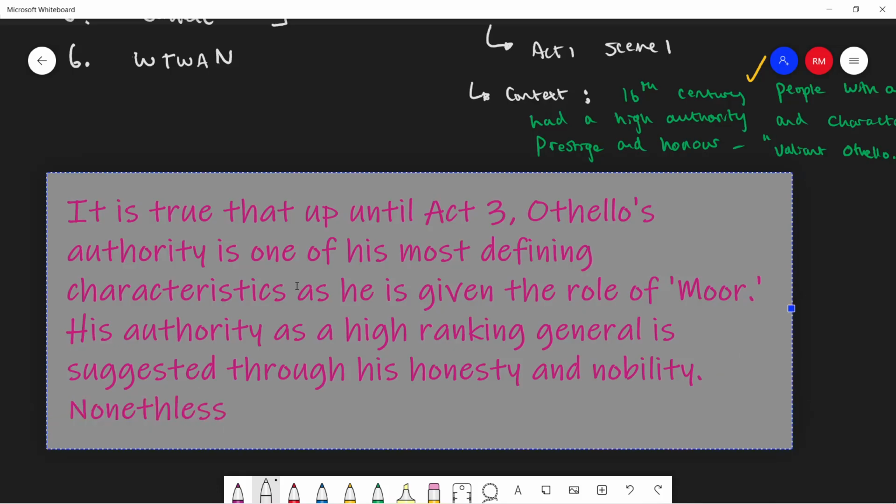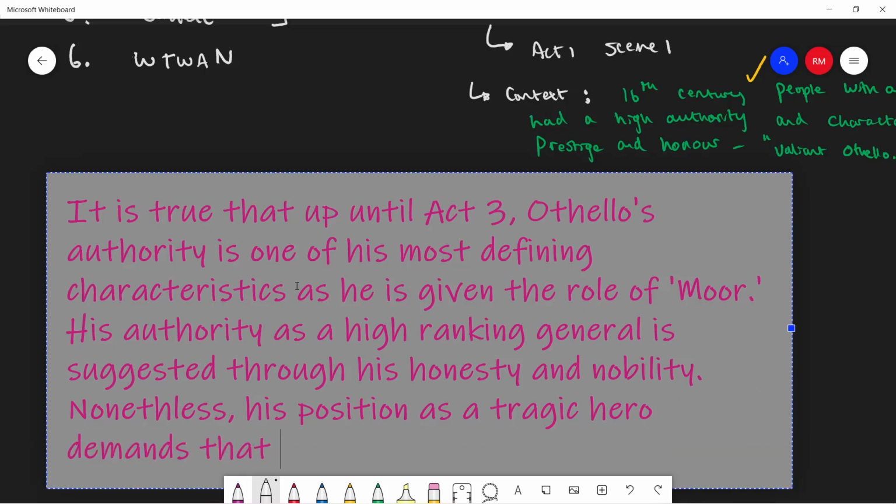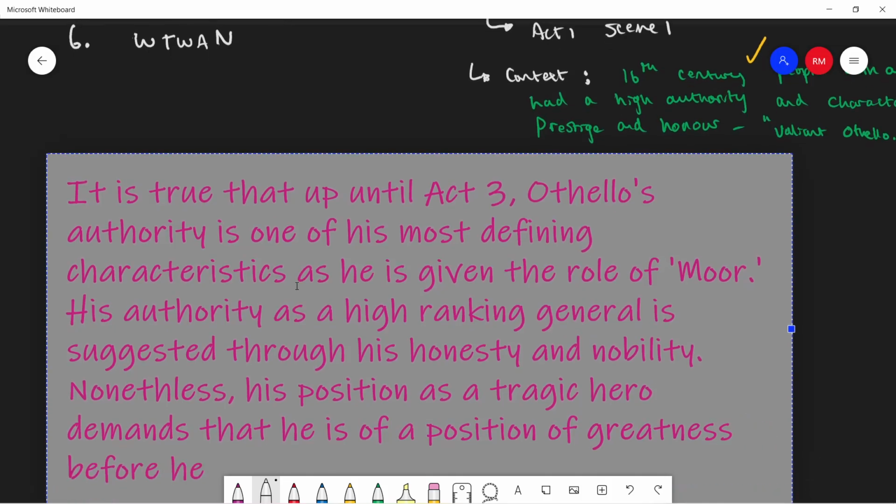nonetheless. Hopefully you noticed that point there. Nonetheless, his position as a tragic hero demands that he is of a position of greatness before he suffers his downfall.